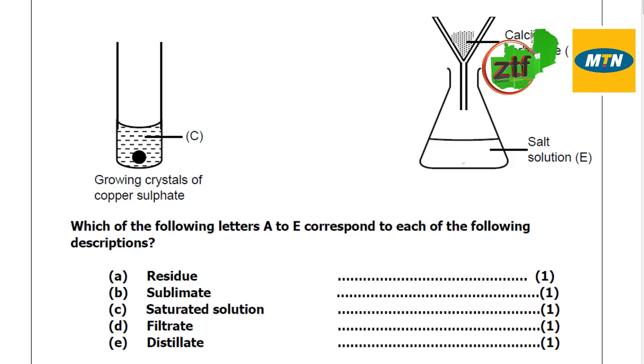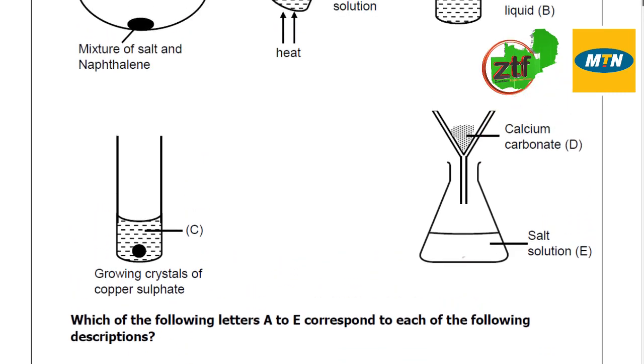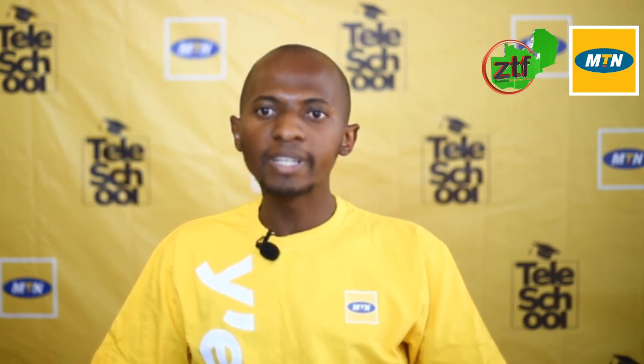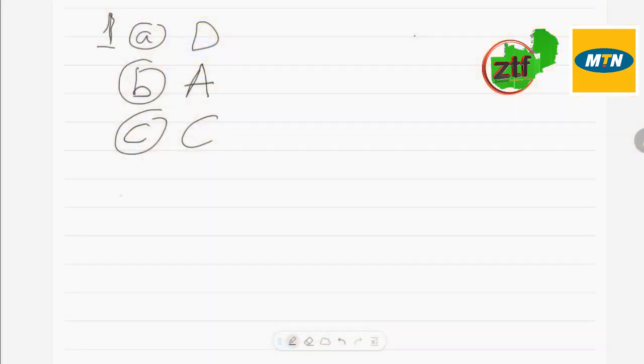And as we can look at the fourth set of apparatus, there is a residue which I've already discussed, the calcium carbonate, and there was a solution that was passing through the filter paper. That solution passing through filter paper during the process of filtration is known as the filtrate. So in that case, the filtrate is salt solution E. Salt solution E.